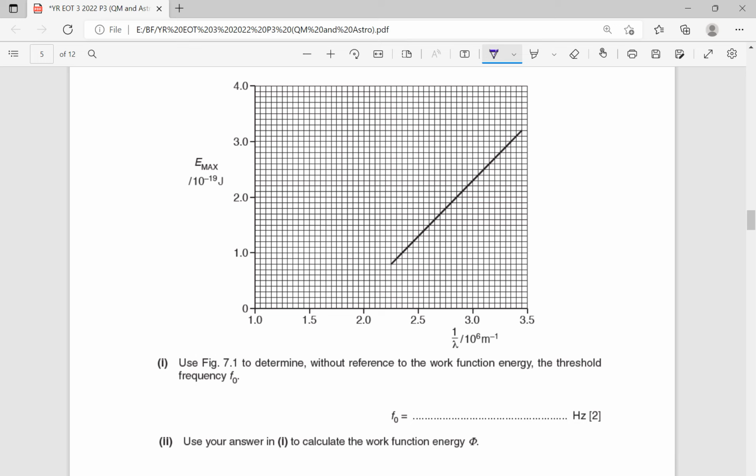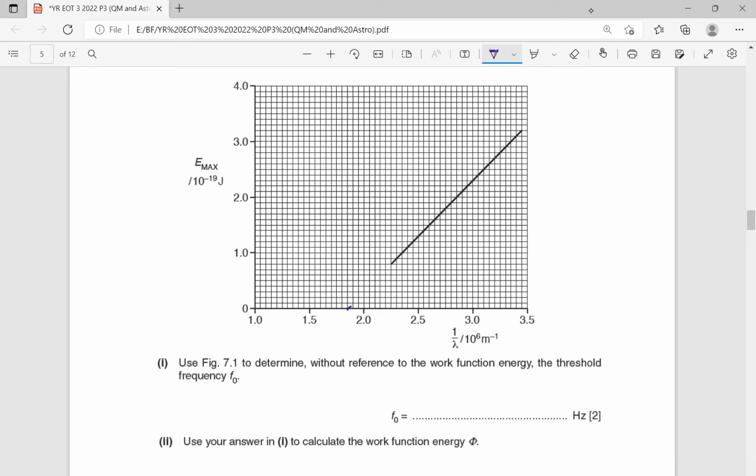We want to find the threshold frequency. So, number one, the graph. We are going to use the graph. So when you extend this graph, of course, it will stop. You can use a ruler. If you have this printed, you can use a ruler to extend this line.